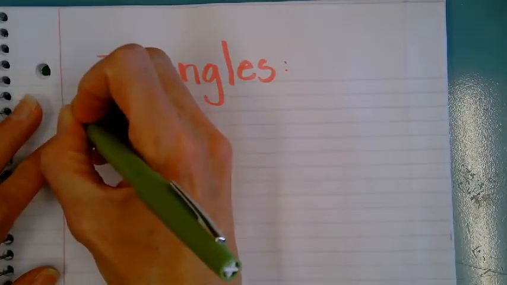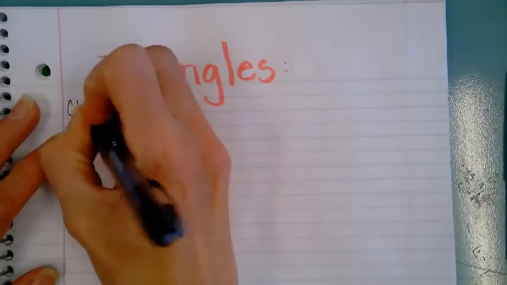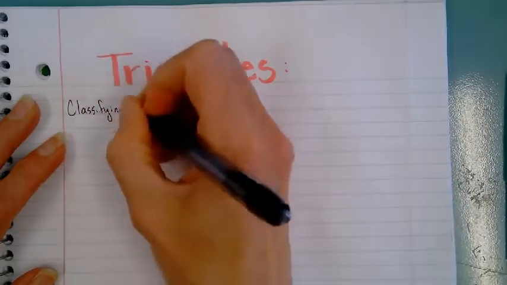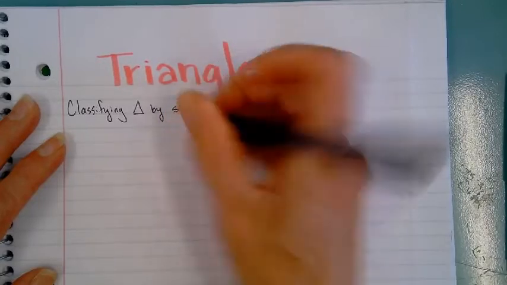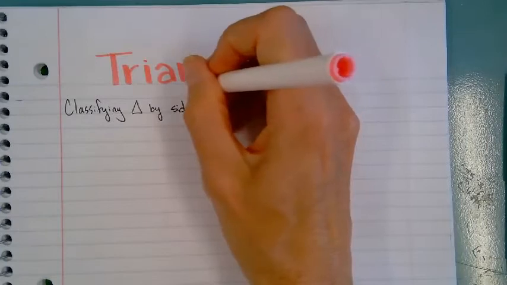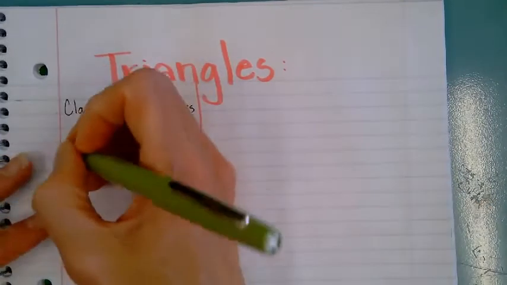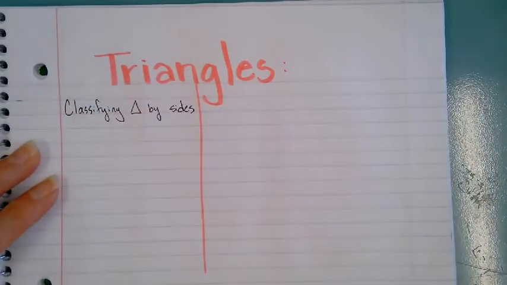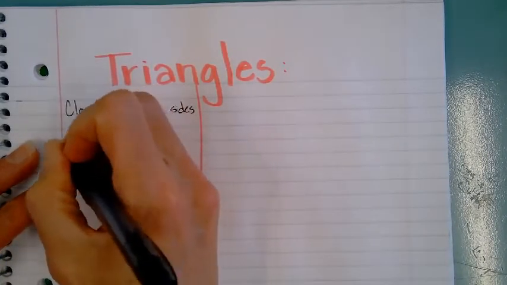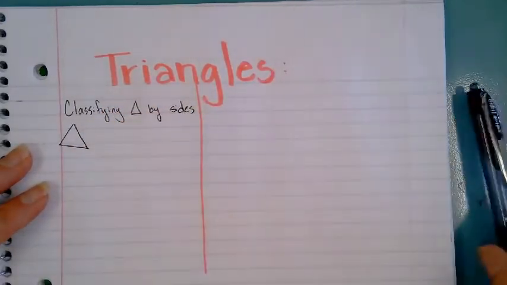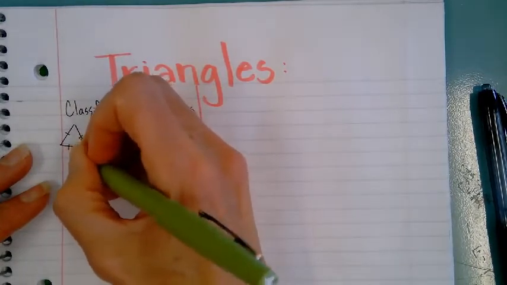So we're going to start off this way, classifying triangles by their sides. So their side lengths, like this. So we have a triangle that has all different side lengths. That could look like many different things, but basically it has all different side lengths.